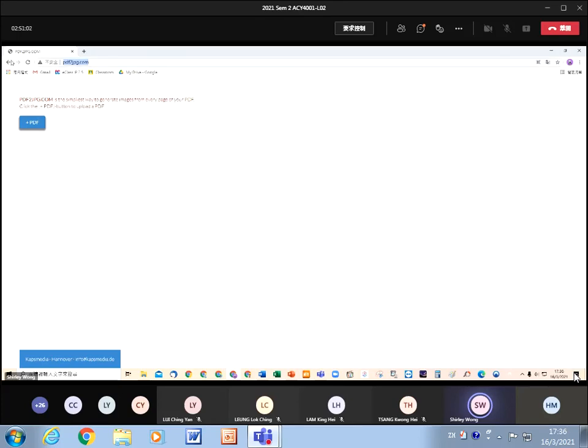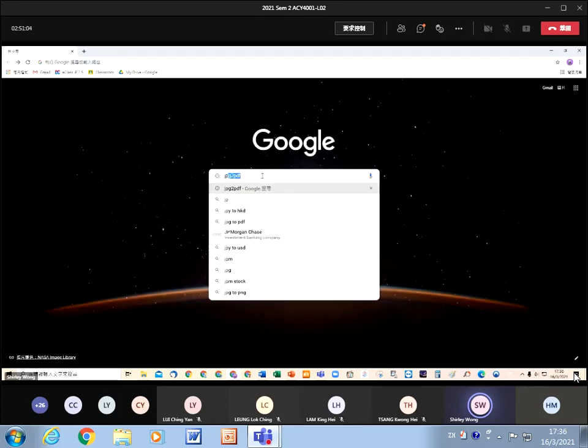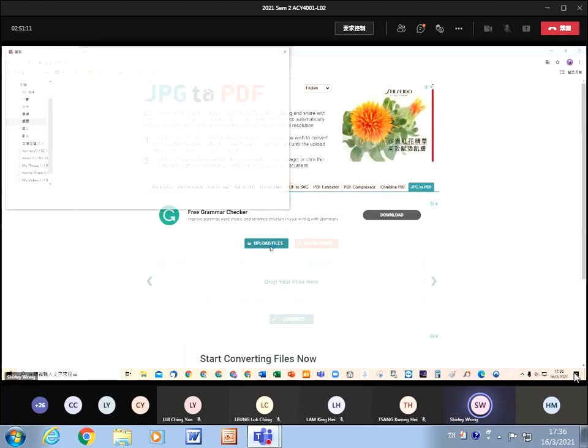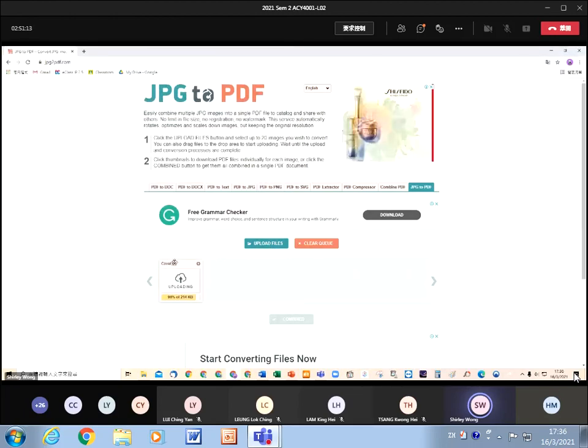Let me do it again. You search it, it should be jpg to pdf.com, and then you upload the file. So you can upload the page you have already taken a photo of.